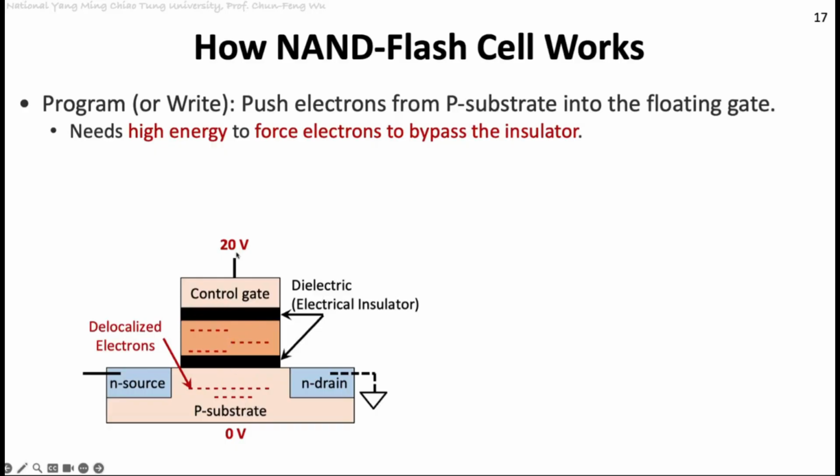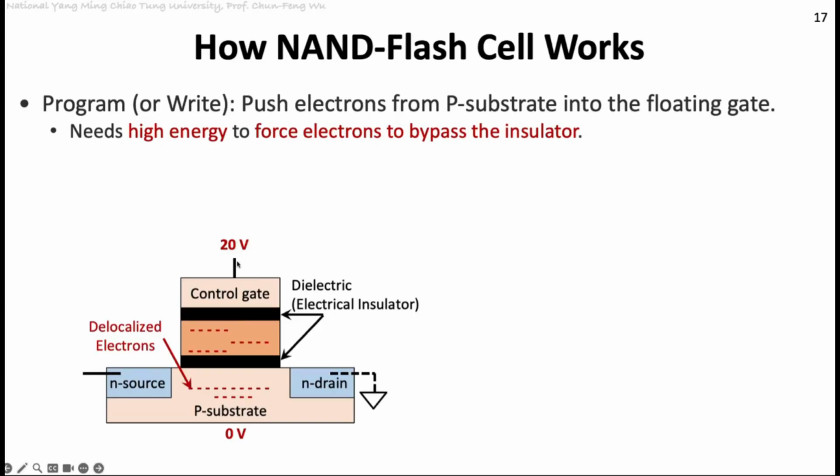If you give a large enough voltage value, you can get a higher electric field. Then it is possible to generate a tunnel through this dielectric layer. Then the electrons will pass through this tunnel into the floating gate. So the key thing is the voltage value, how large it is.